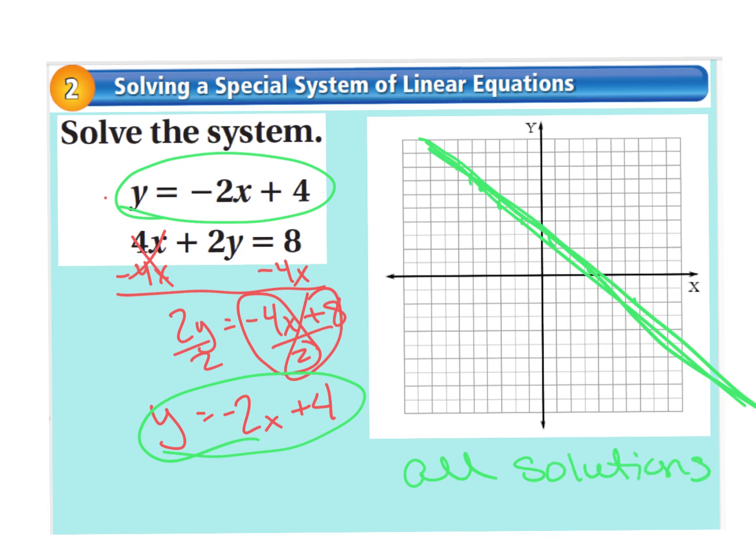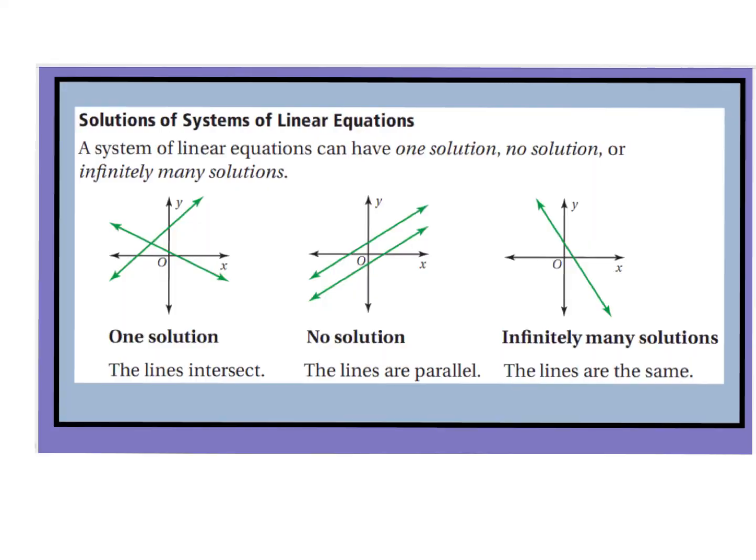Next page, you're going to put this in your notes, please. So again, we have three different types of answers. The first one is one solution. You're going to graph the two lines. That one point, you're going to give me the XY coordinate as the solution. That is going to be most of the problems that you do. The second one is no solution.